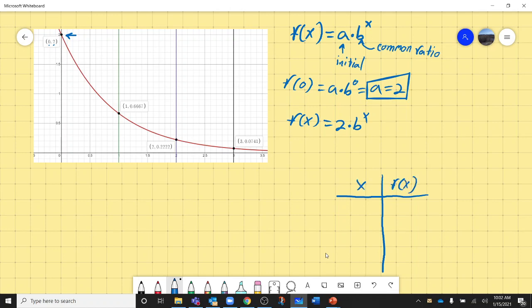Our first x is 0, our f of x is 2, our next x is 1, and that's 0.6667, which means it's 0.6 repeating. Another way to write 0.6 repeating is 2/3, or 6/9. It's 6/9, but if we divide both by 3, then it gives us 2/3.